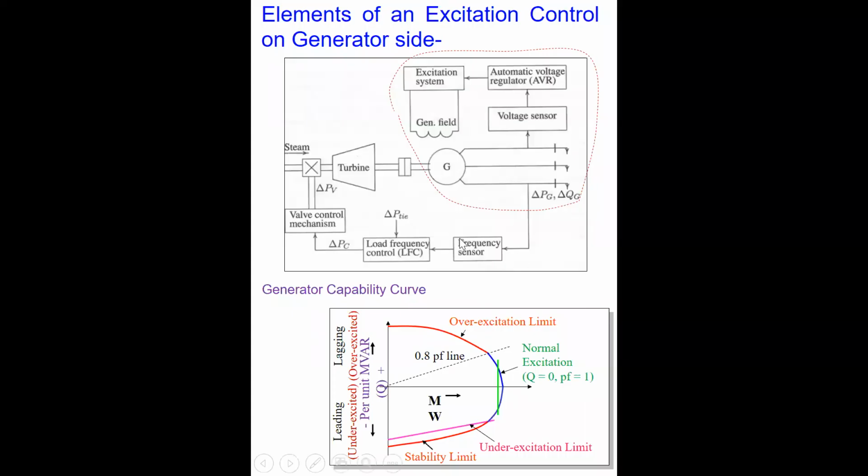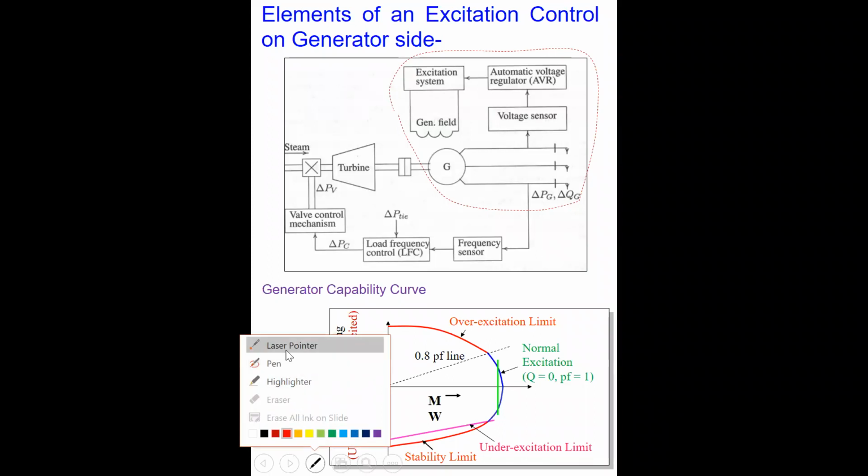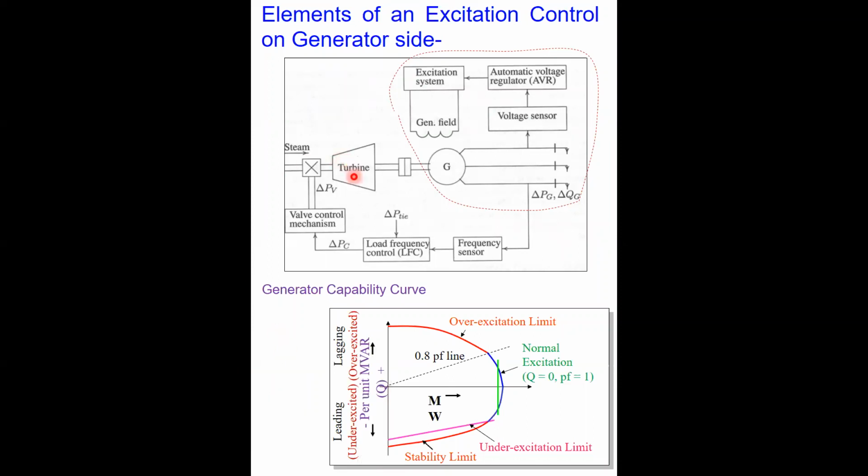Okay. So here, I just wanted to give you an illustration about the controls, but we have already discussed earlier the elements of the control for the generator side. Because you refer to the generator coupled to the turbine, and then you have a steam inlet.